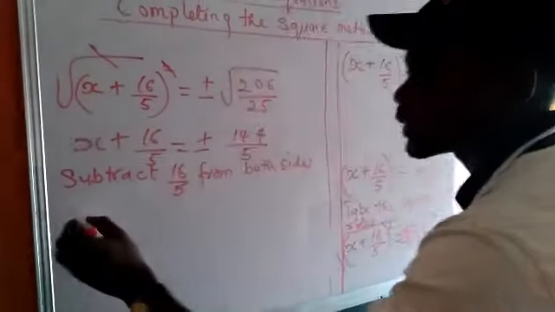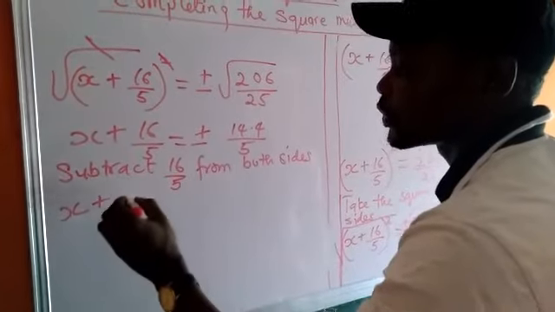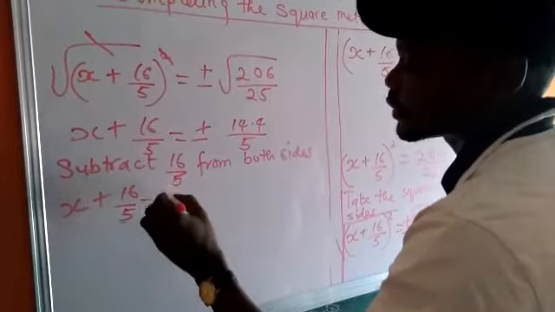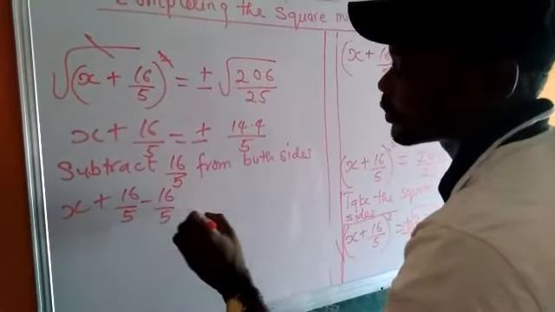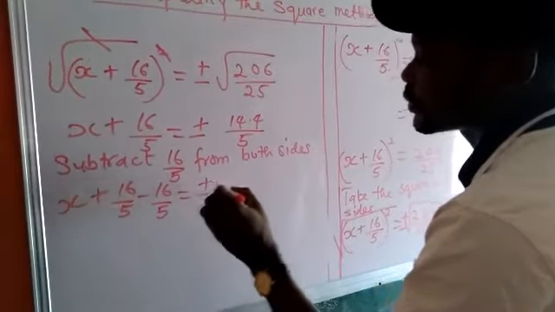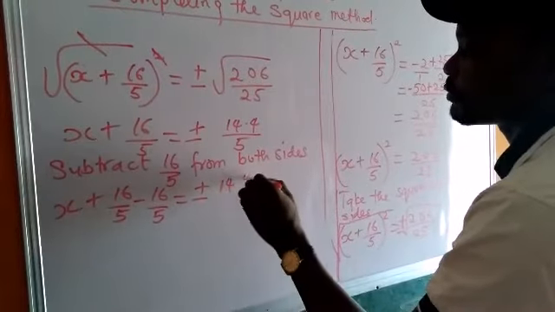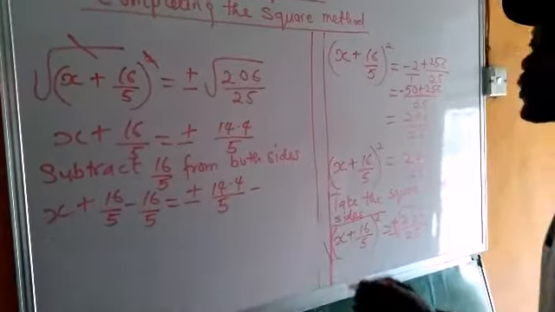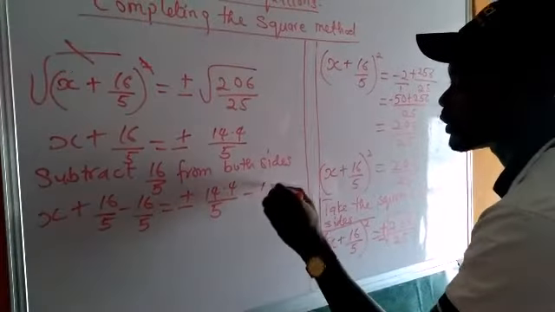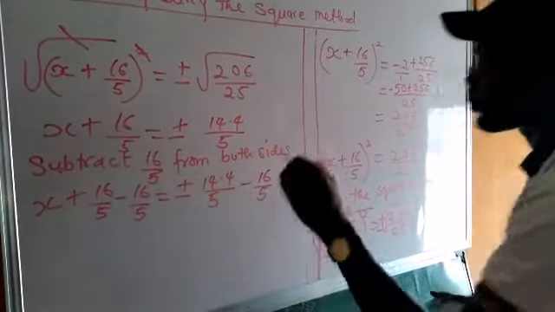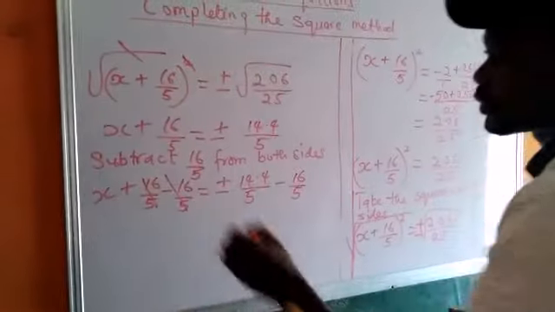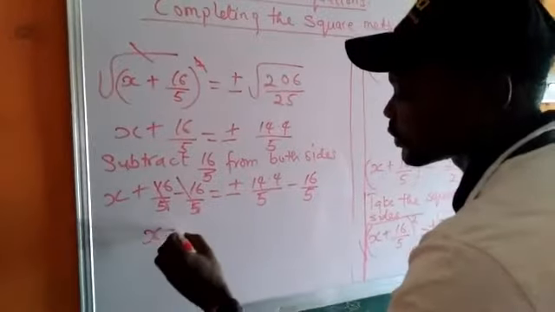So it will now be x plus 16 over 5 minus 16 over 5 equals plus minus 14.4 over 5 minus 16 over 5. Now this one, we cancel this, we have x left.